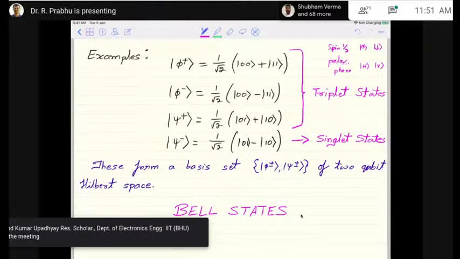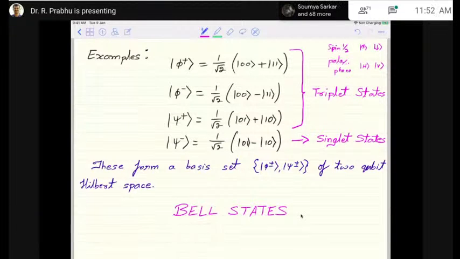In all these cases, the state of the particle is a superposition of the two possible states. When they have equal probability, we have this particular set of four states. For spin-1/2 particles, you can have up-up, down-down, or up-up minus down-down with a phase, and then up-down plus down-up, and up-down minus down-up with a phase. The first three are called triplets, and the last one is called the singlet.